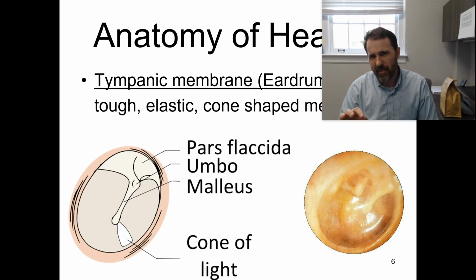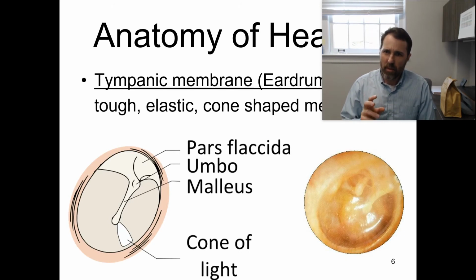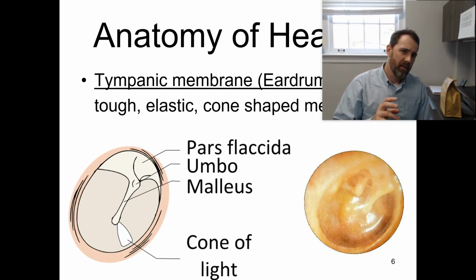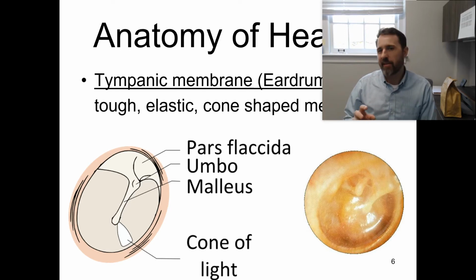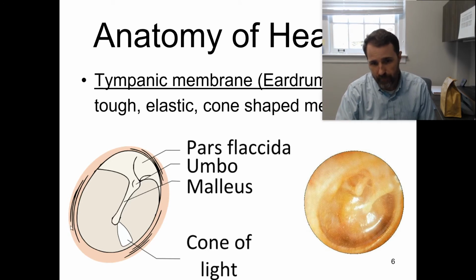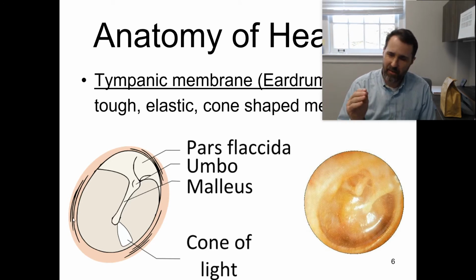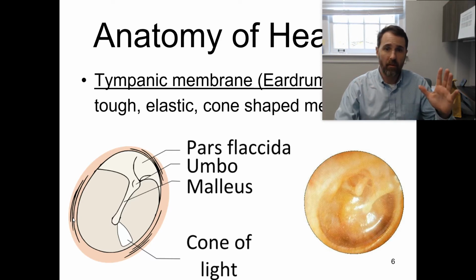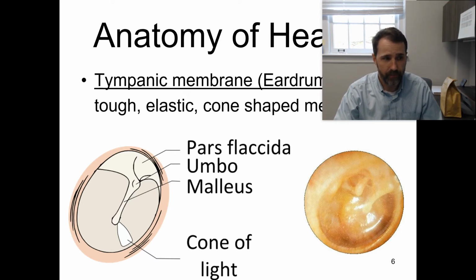All right, so let's get a little bit more in depth in talking about the tympanic membrane and the middle ear. So your eardrum, your tympanic membrane, it is a very thin piece of tissue that seals off your middle ear from your outer ear.